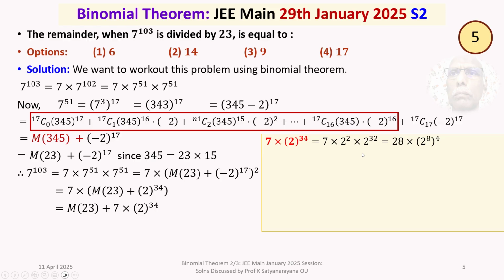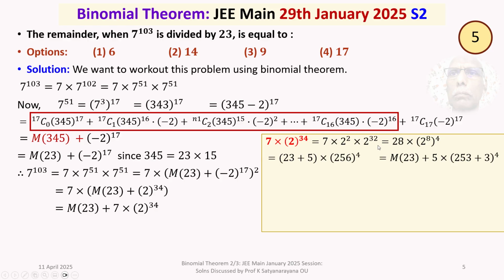What is our concept? Our concept is you have to write down a convenient number which is a multiple of 23 plus something, then apply binomial or whatever you like. So this is 7 into 2 squared, 4, 7 fours are 28, into 2 to the power of 8 to the power of 4.